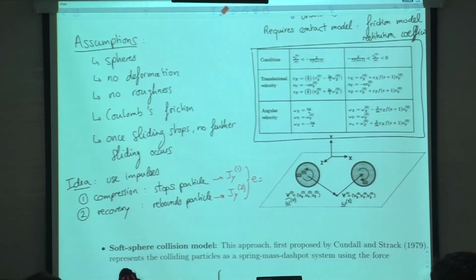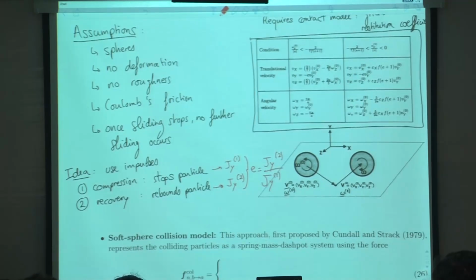And so the restitution coefficient will be the ratio between those 2 impulses, jy2 over jy1.